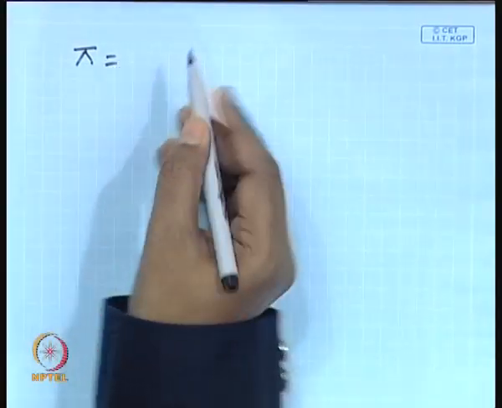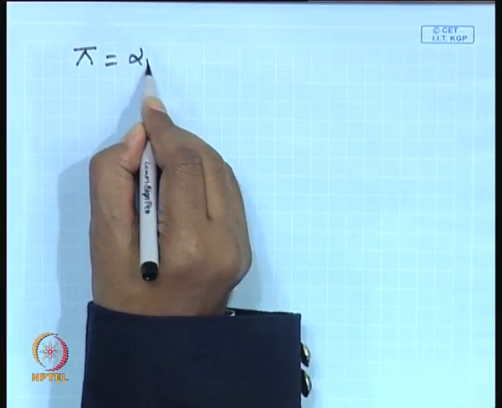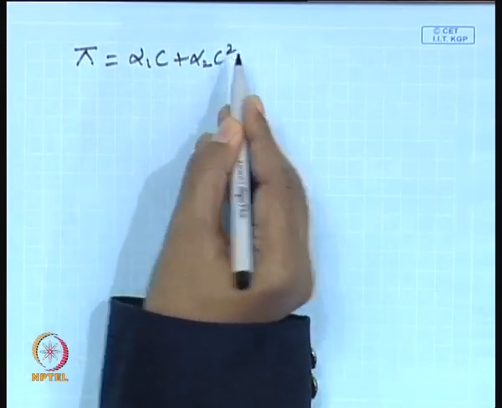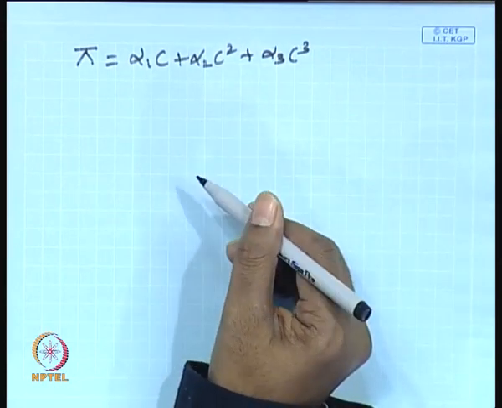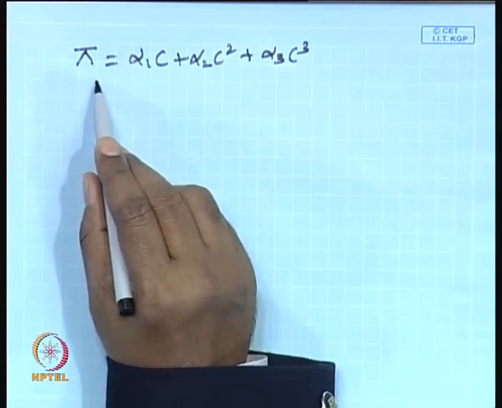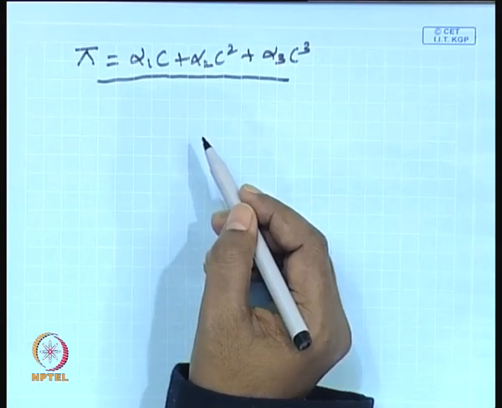Okay. So, in that case, osmotic pressure can be expressed in terms of a polynomial of concentration like alpha 1 c plus alpha 2 c square plus alpha 3 c cube, like that. Okay. So, in most of the cases, these relations are available in literature. People use an osmometer.